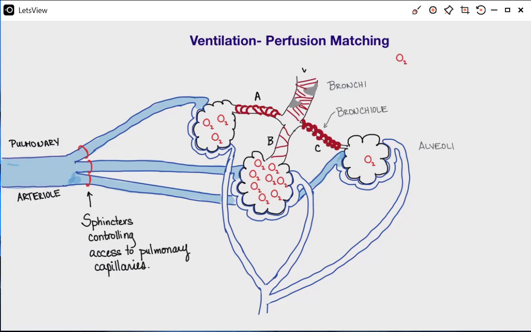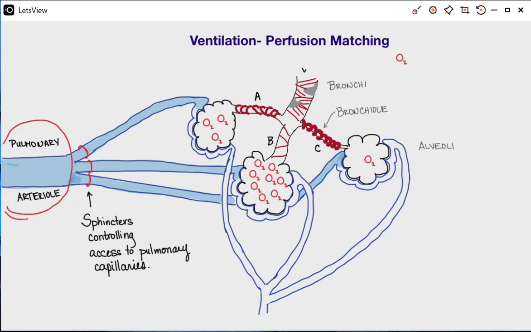So now imagine that I'm a pulmonary arteriole and I'm sending my oxygen-poor blood to this area of the lungs. And so I've got sphincters that control access to pulmonary capillaries.